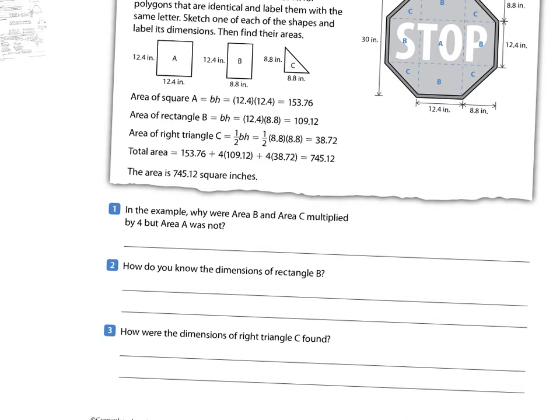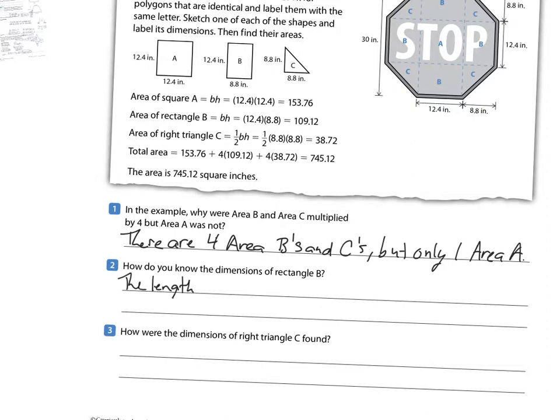That is because there are 4 area B's and C's, but only one area A. So they multiplied by 4 times B and C because there's 4 of those areas and there's only one area A. Number 2, how do you know the dimensions of rectangle B? Well, if we look, the length is given. And that length that is given is 12.4.